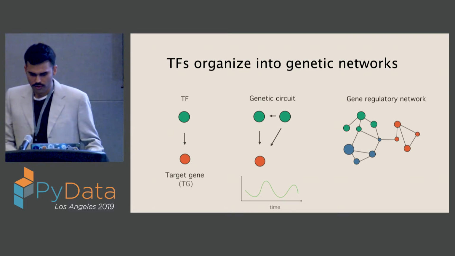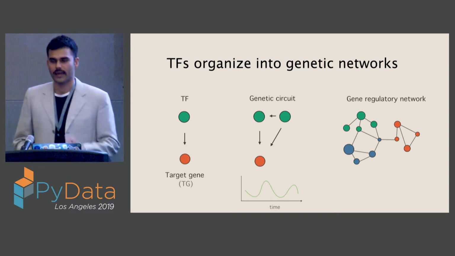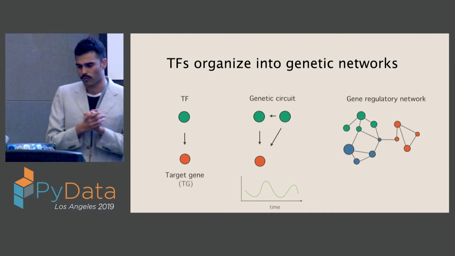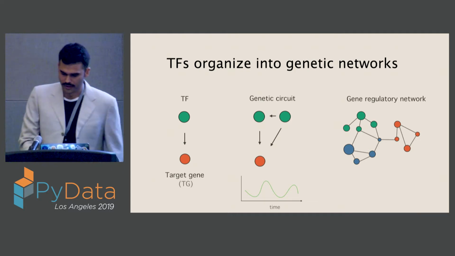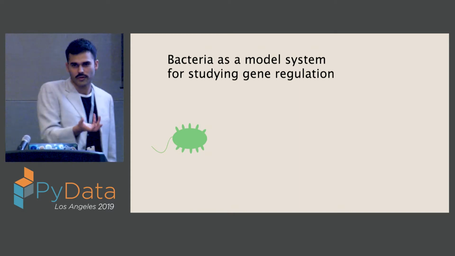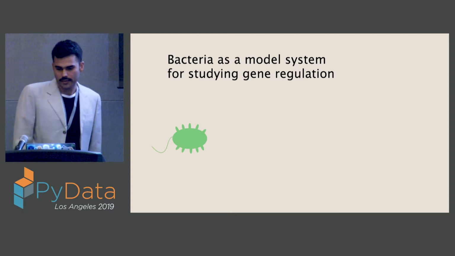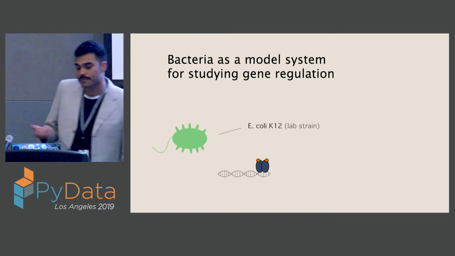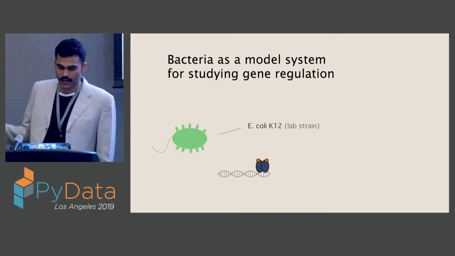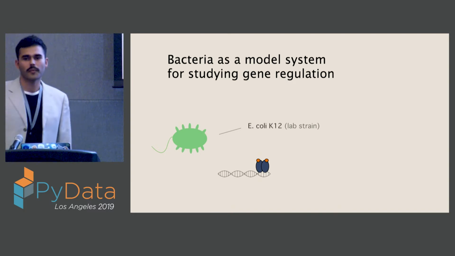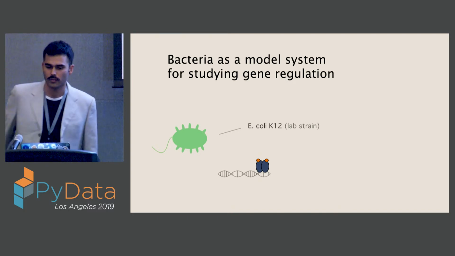We're going to use a simple case study that is what I've worked on for the past couple of years, and that is bacteria as a simple model system for studying gene regulation. Specifically, we're going to use this lab strain of bacteria, E. coli K12, because there is a lot of known information about it, and it's publicly available.